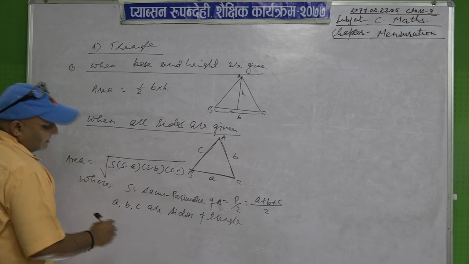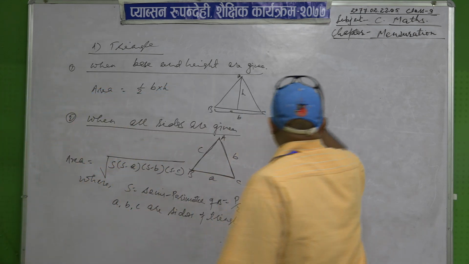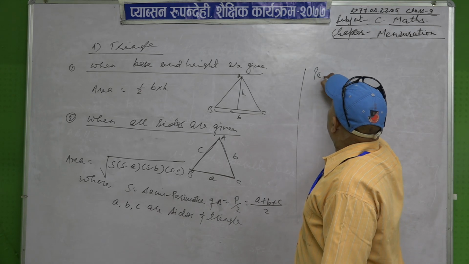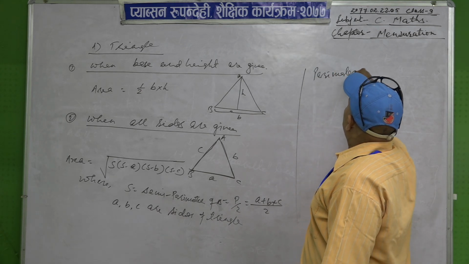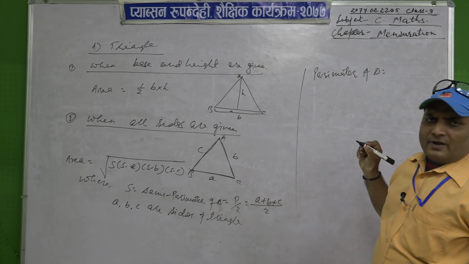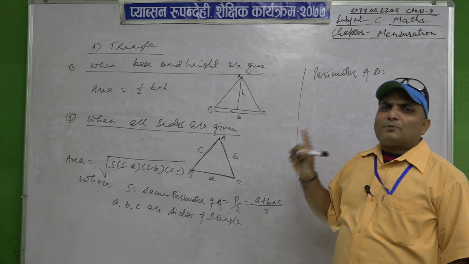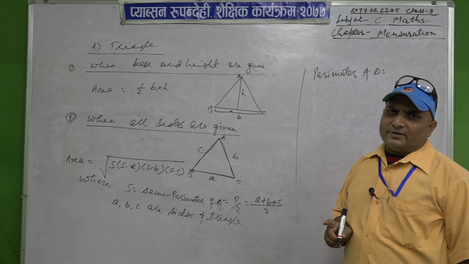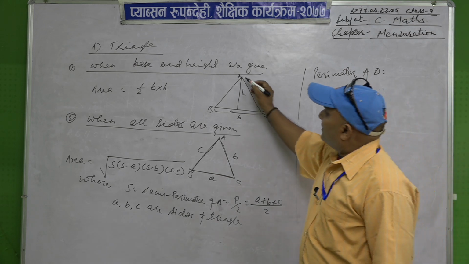And what is the perimeter of the triangle? We have already discussed that perimeter is the sum of the sides of the plane figure. So what will be the perimeter?